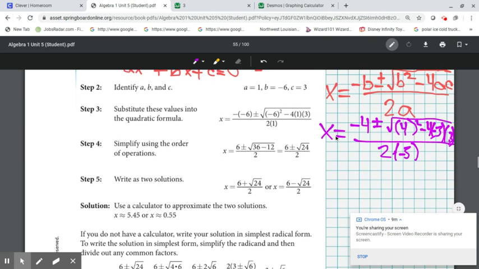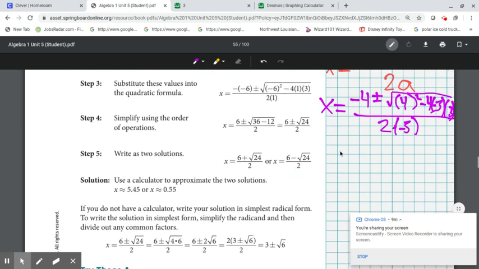All right, so from here, we're going to simplify what's underneath the radical first. So x is going to equal -4 plus or minus the square root of 4 squared is 16. And we're going to multiply -4 times -3, which is 12. And 12 times 3 is 36.